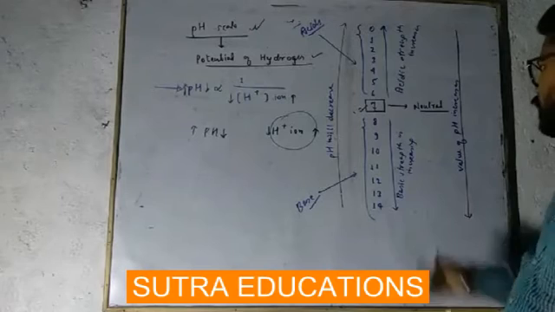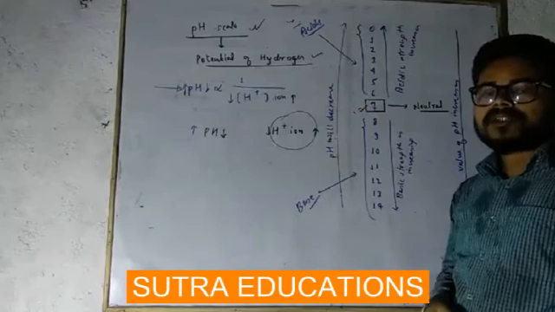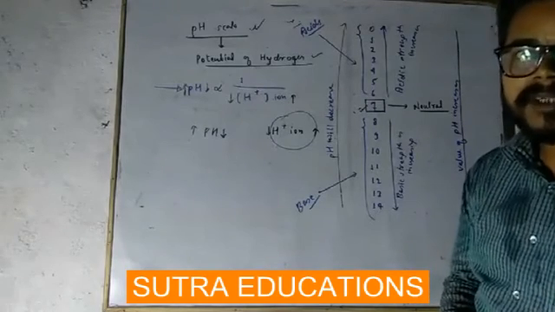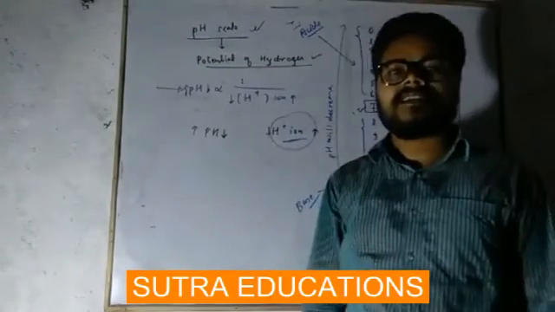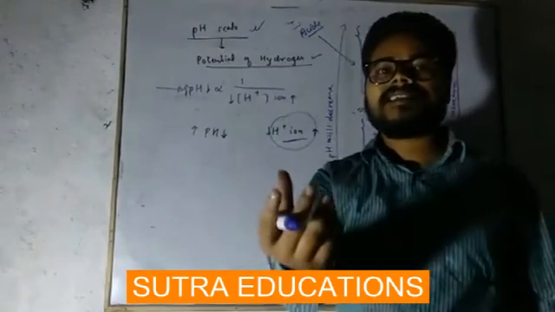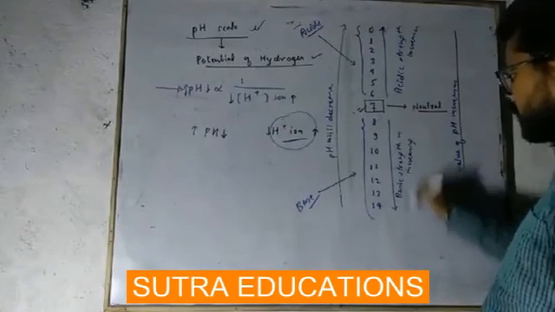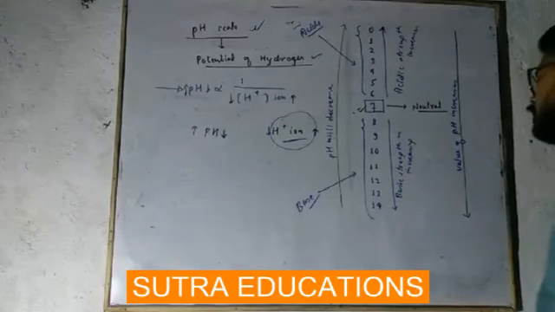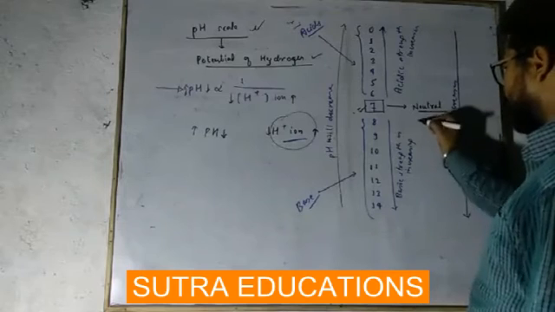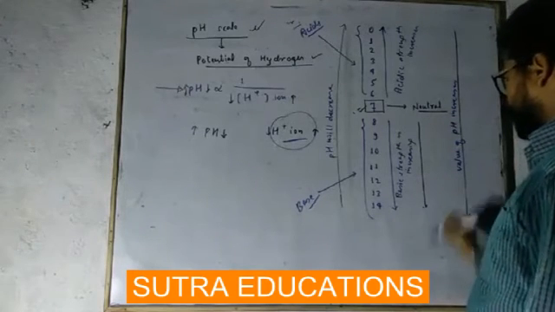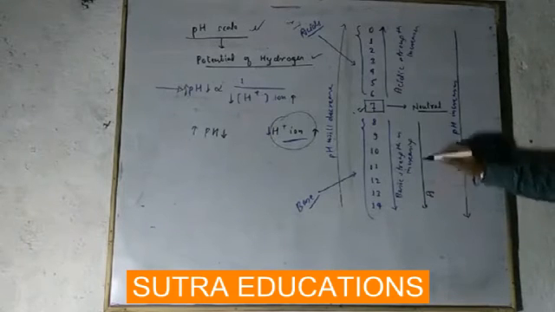And when we come downward from 8 to 14, pH is increasing. If pH is increasing, it means H plus ion is decreasing. If H plus ion is decreasing, it means OH minus ion is increasing. So if OH minus ion is increasing, it will be basic. So I have written from 8 to 14, in the downward direction, basic strength increases. Otherwise, we can say acidic strength decreases from 8 to 14.